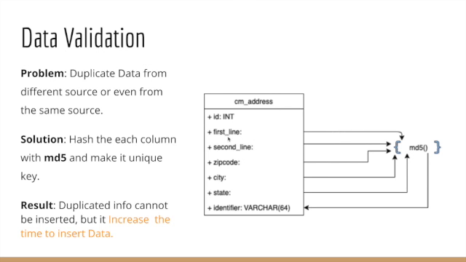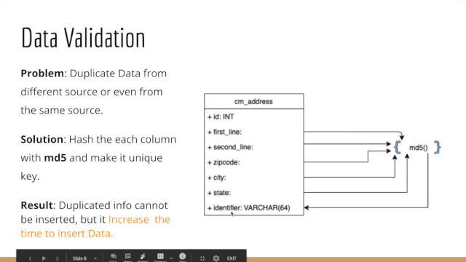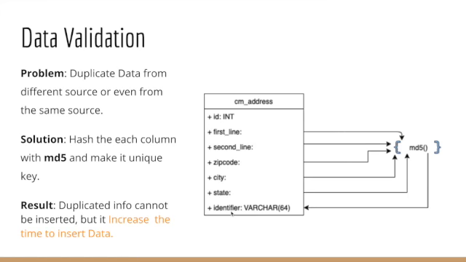The idea is the same address should have the same signature. If the signature is the same, it means the location has already existed. Then I made the signature unique in my database, so the duplicate address will never be inserted into the database. So I don't need to check if the address has already existed or not every time.